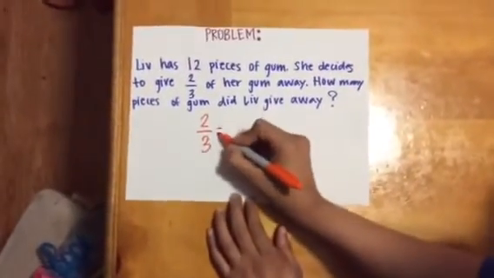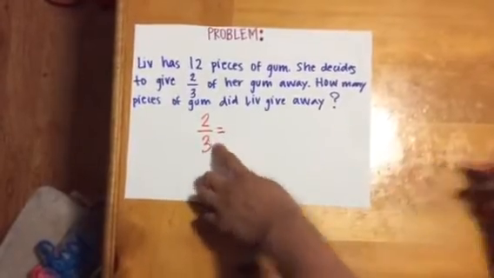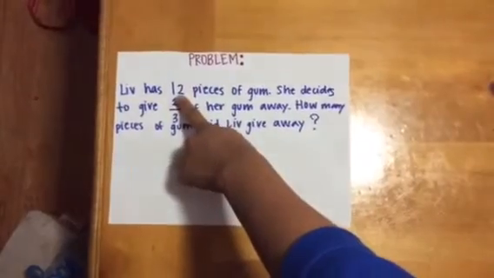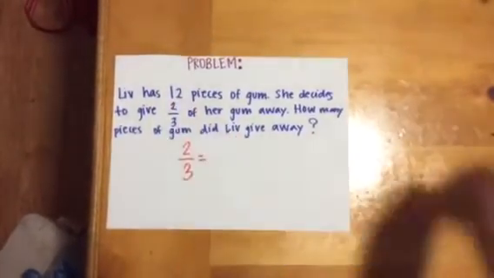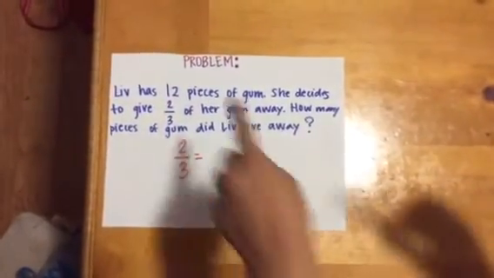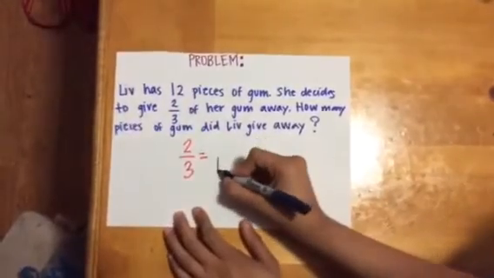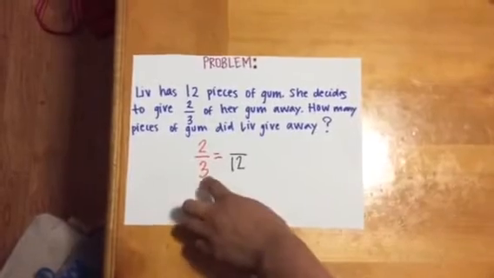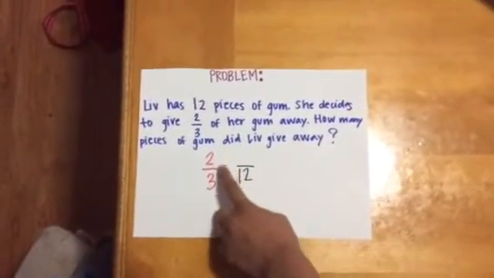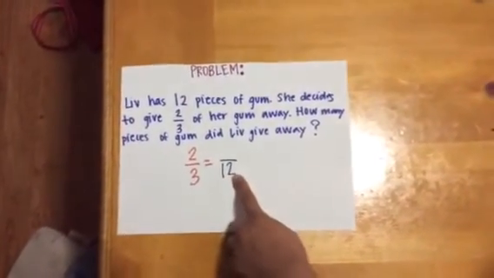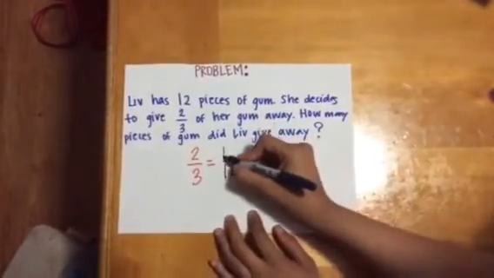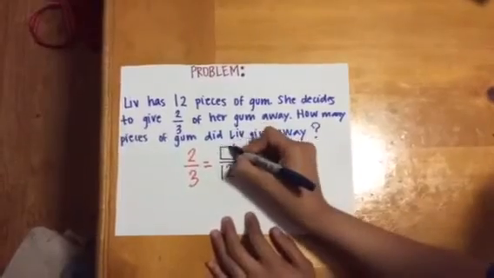We're going to go ahead and find the equal part to 2/3, knowing that our total or our whole, the total number of pieces in our whole is 12. So again, we're going to be looking for what's equivalent to 2/3, knowing that our denominator is 12. So what we're looking for is the number of pieces Liv decides to give away.